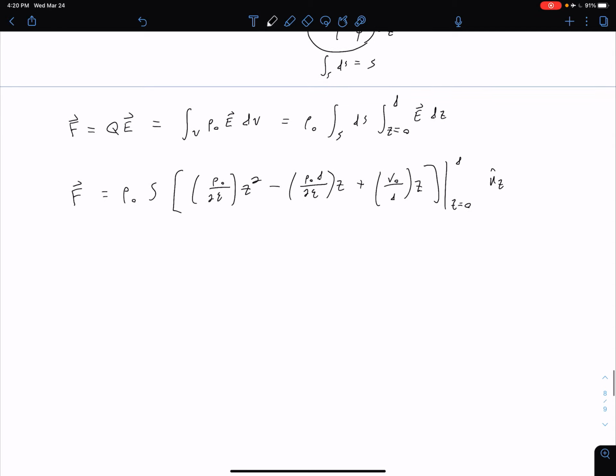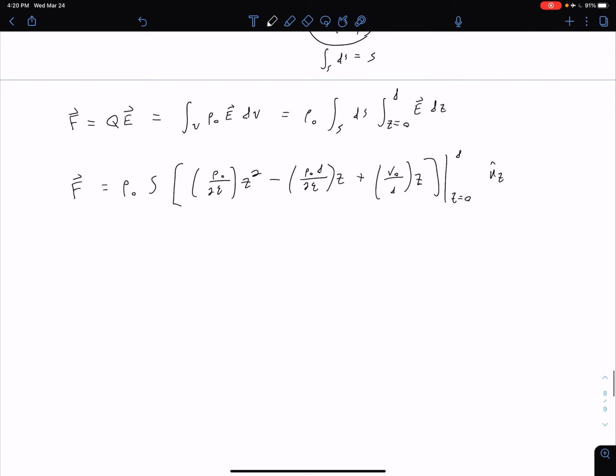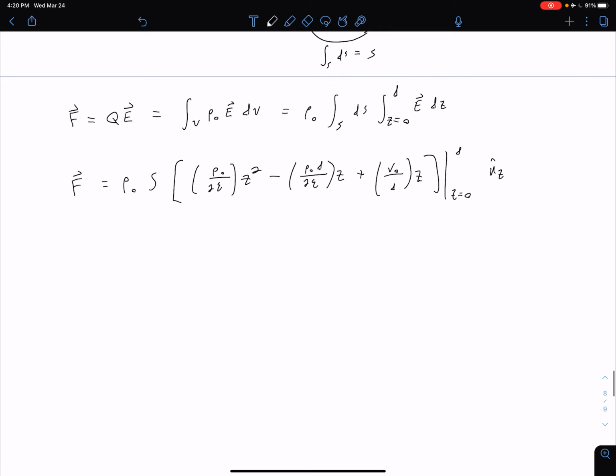Okay, so if we evaluate at z equals 0, all of those terms are going to go away. So we're going to have our force is equal to rho naught S times, evaluating at d, rho naught d squared over 2 epsilon.